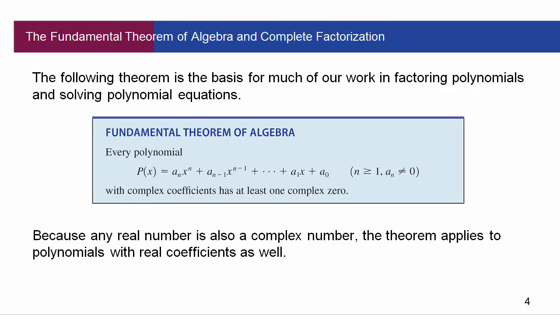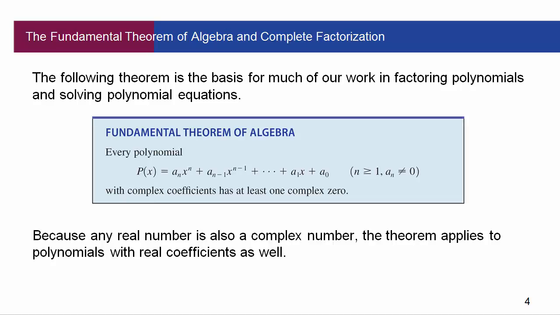What the fundamental theorem of algebra does is it expands that concept and it says, well, yes, you can have up to 7 real zeros for a polynomial of degree 7, but if you count complex zeros and if you count multiplicity.